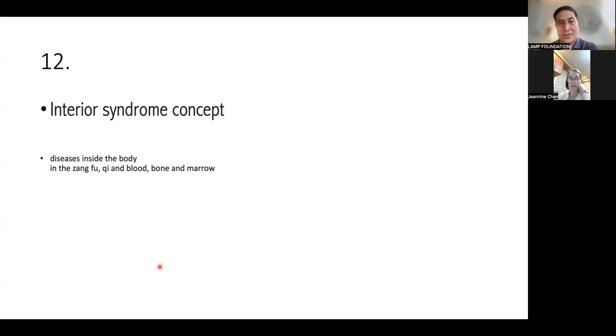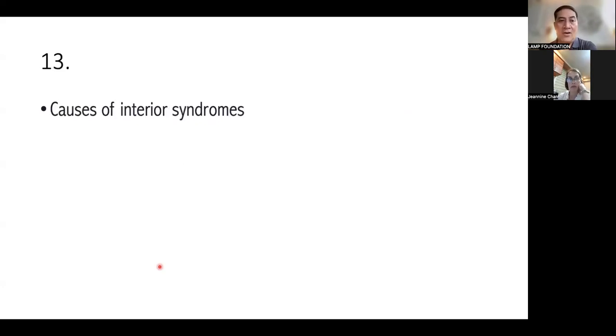So it's more interior. What are the causes of interior syndromes? How does it come about? Exterior syndrome enters interiorly. External pathogens attack Zangfu organs. And it could also be emotional factors, improper diet, strenuous activities, directly damaging Zangfu organs.